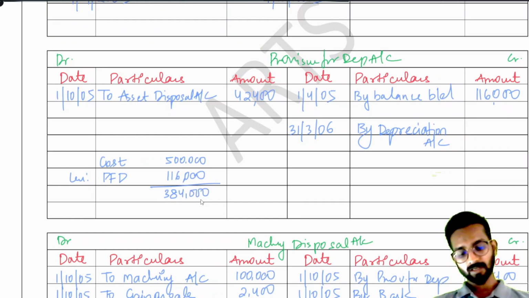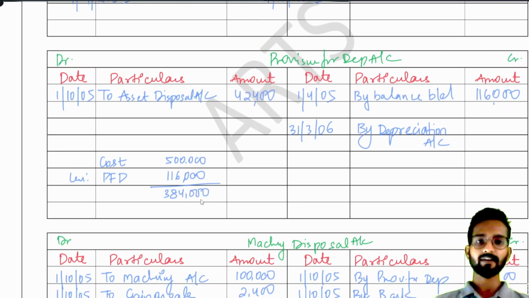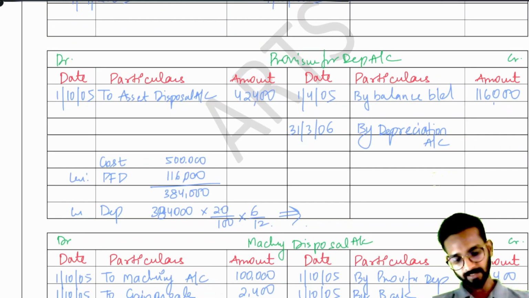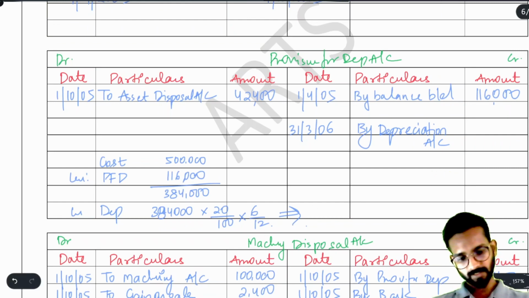Okay. Now for the 6 months we have the entire machinery of 5 lakh. So less depreciation I will calculate on 3,84,000 at 20% for the 6 months, 6 by 12. The amount for this is important, and the amount will be 38,400.